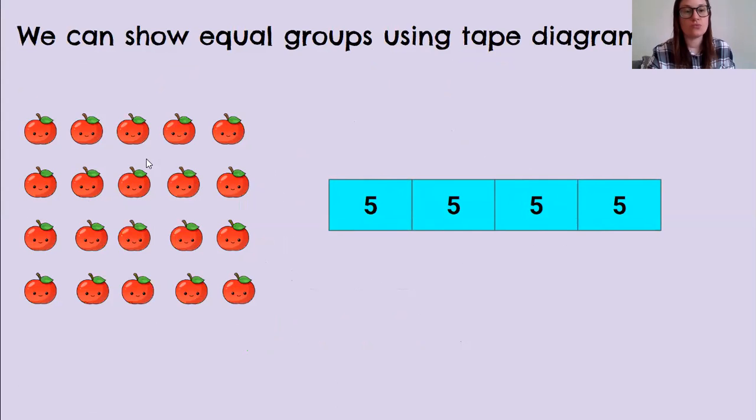And in each row, there are 1, 2, 3, 4, 5 apples. That's what the 5 in each box is. So the box is represented by the number of groups you have. The number inside each box is how many objects are in each group. Remember, just like your arrays, they have to be equal numbers. They have to be the same number.